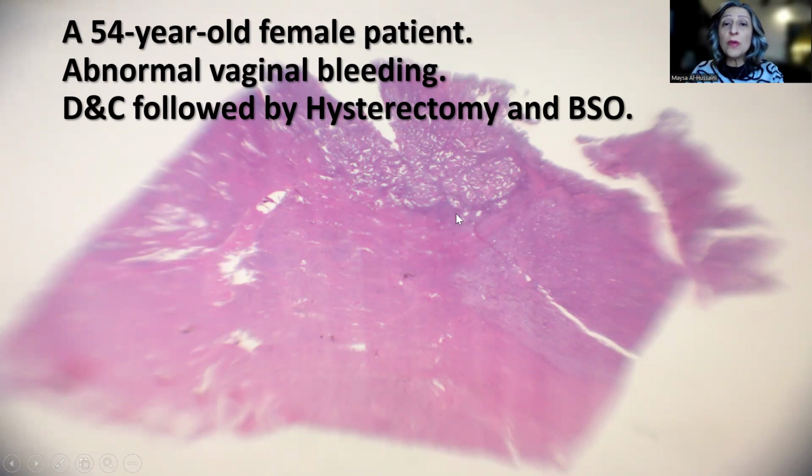And again, the tumor appears to be confined to the endometrium and just superficially invading into the myometrium. Most of the myometrium appears to be unremarkable with no evidence of involvement. So this is part of the endometrium, and then just the superficial part of the invasion, less than 50% definitely.